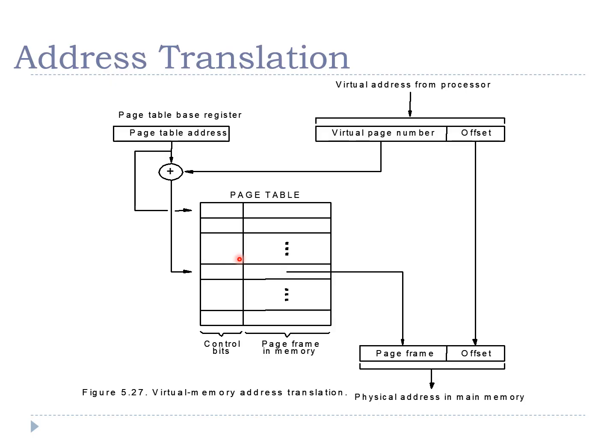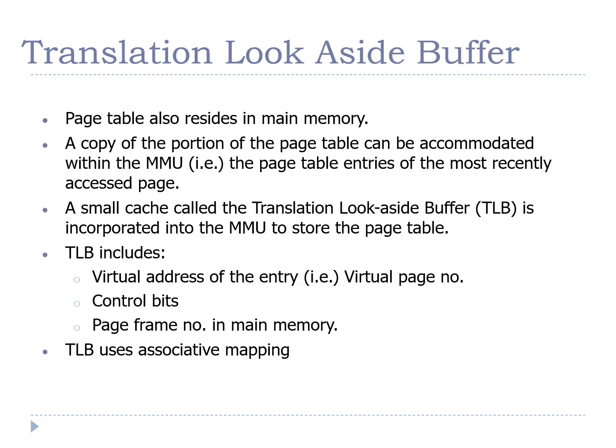If the successive memory accesses are from the same page, we can use the same physical page frame address. That is how we can reduce the translation time. This method, you call it as the translation look-aside buffer, the cache memory introduced to store the page table, which will be incorporated in the memory management unit. Thank you.